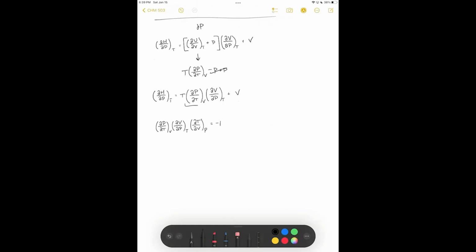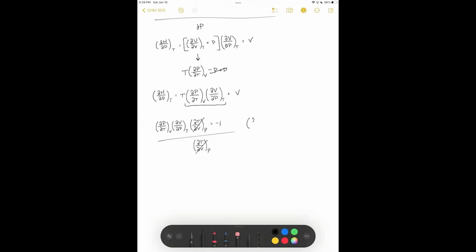So we have two of those guys right here, and what we'll do is divide both sides of this equation by dT/dV at constant P. And what we'll get when we do that uses our second rule, so this will cancel out from this side of the equation, and on the other side of the equation, we're going to have the inverse.